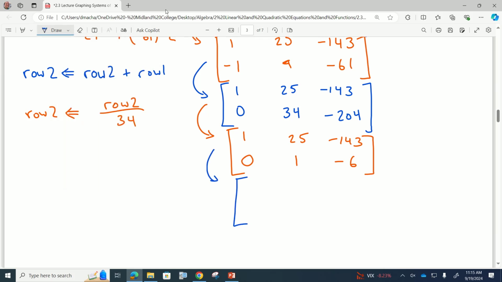The last thing I need is to make that 25 into a 0. So what should I do to get a 0 right here? Yep. I'll take row 1 minus row 2 times 25.